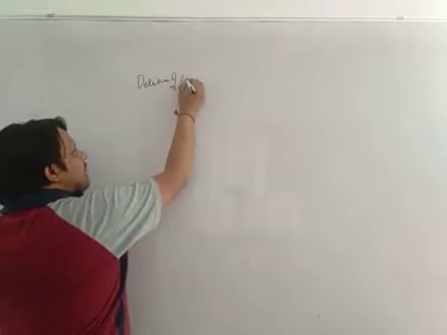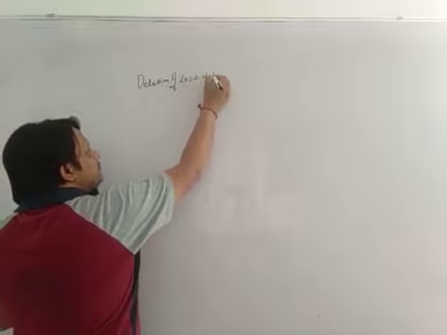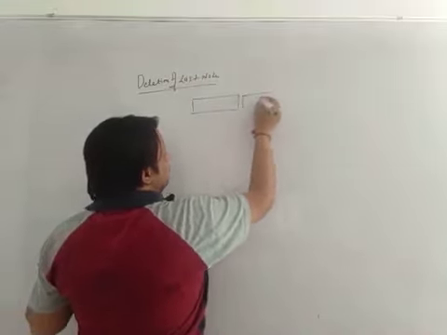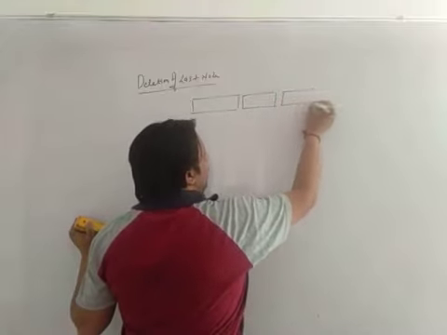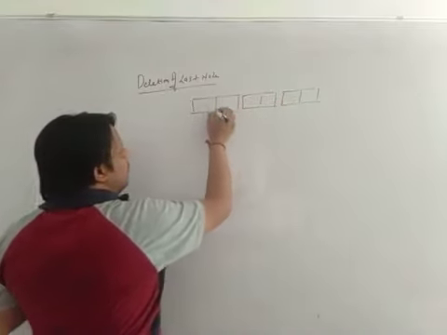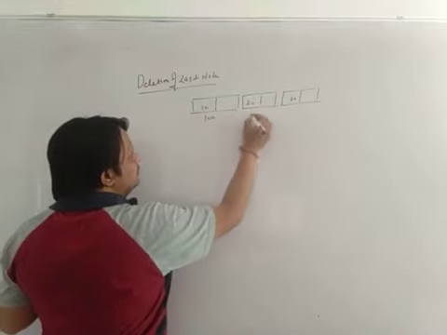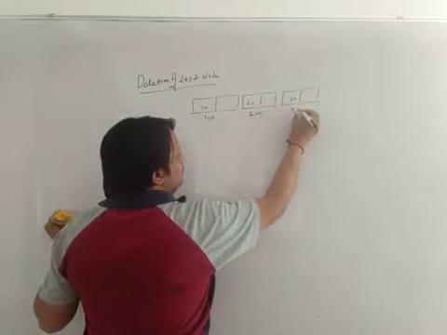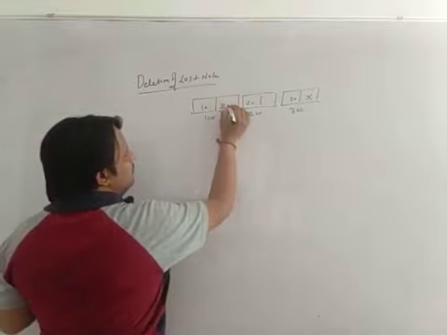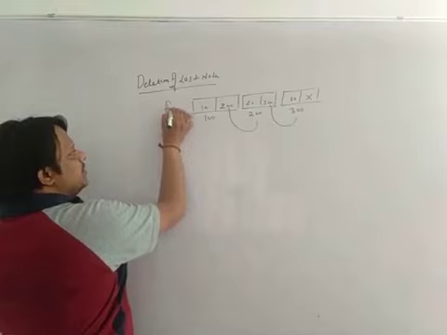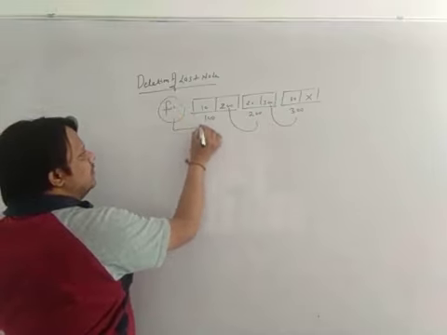Deletion of the last node. Let's suppose this is my linked list. This is the first pointer which always points to the first node of a linked list.